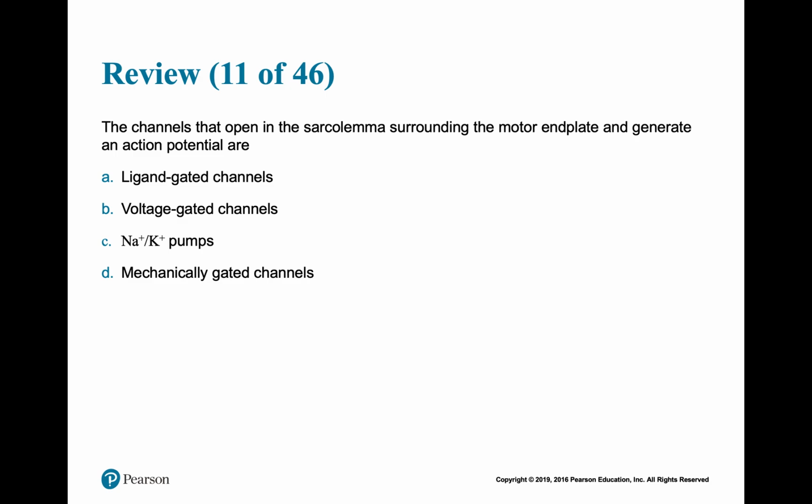The other channels adjacent to the motor end plate are voltage gated because it's that change in end plate potential, the change in voltage, that opens them. So the channels that open in the sarcolemma surrounding the motor end plate and generate the action potential are voltage gated sodium channels. So voltage gated.